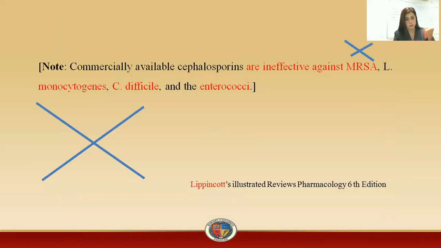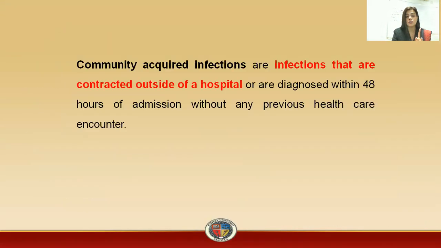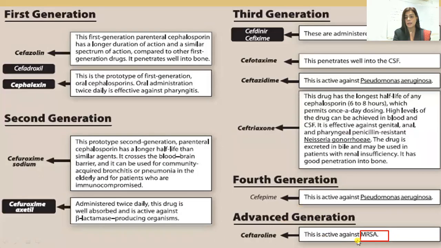So the number of gram-negative bacteria covered is increasing as we go to the advanced generation. Now, in the previous edition of the Lippincott book, it was written that these are ineffective against MRSA, that is methicillin-resistant Staphylococcus aureus, and monocytogenes, C. difficile, and the enterococci. But now in the latest edition of Lippincott, you can see that we have studied a 5th generation, that is the advanced generation, and in the figure it has been clearly written that this is active against MRSA.